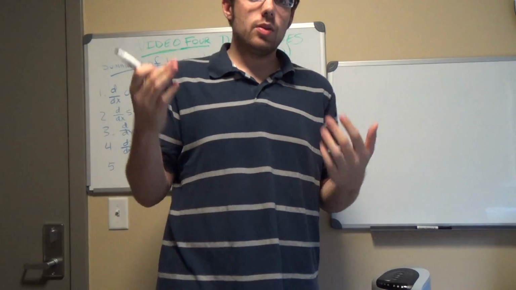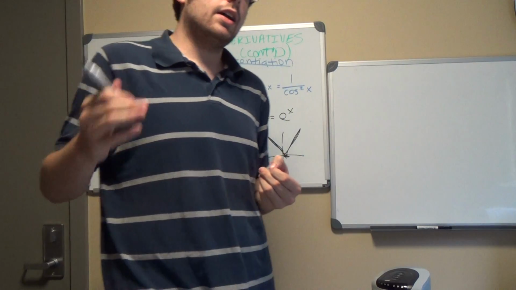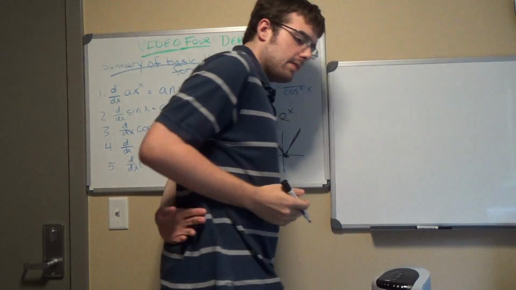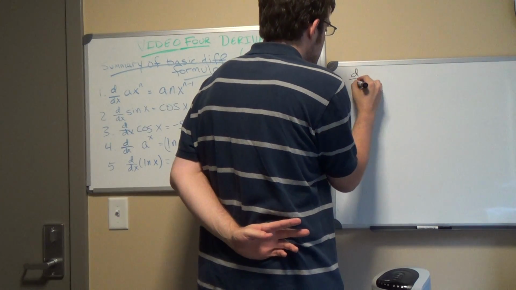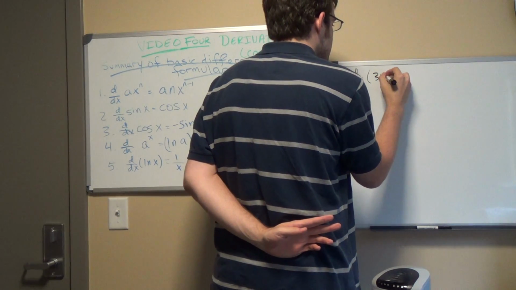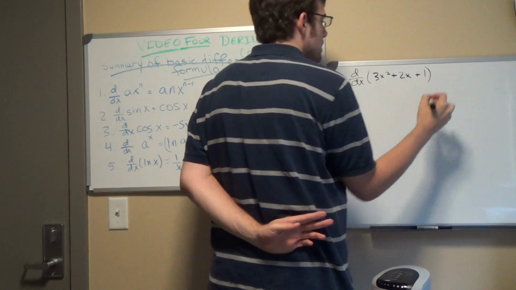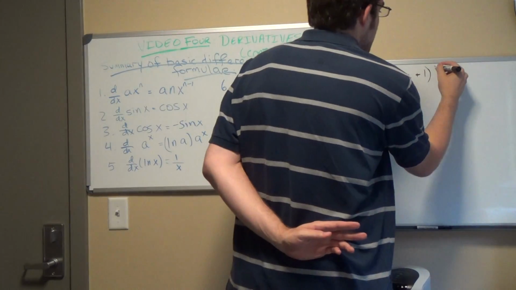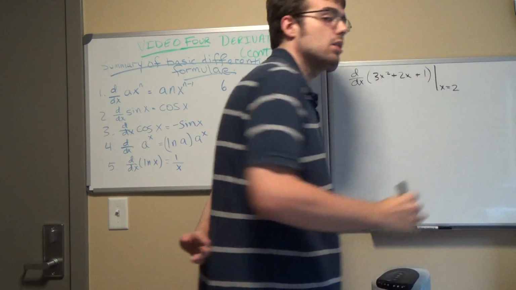And the final topic of this video is evaluating a derivative at a given point. So say we wanted to find the slope of this line at x equals 2.